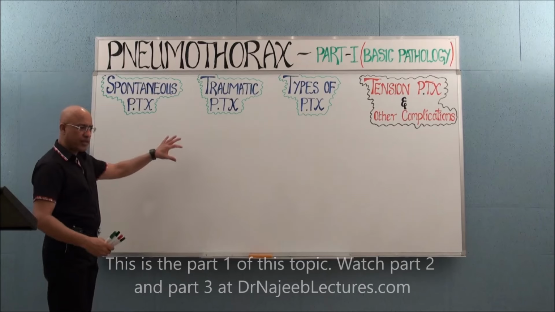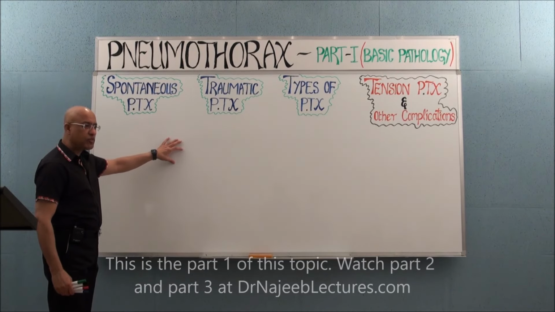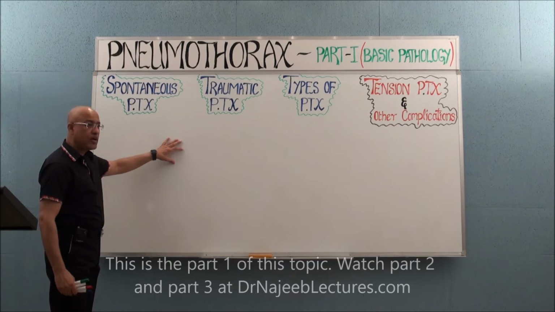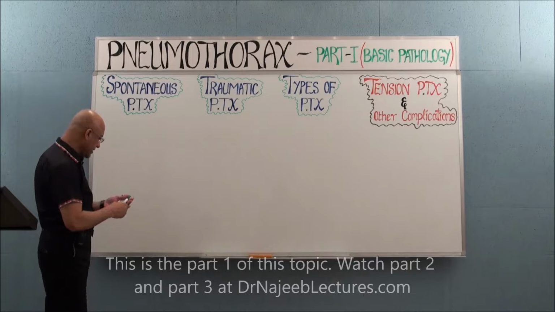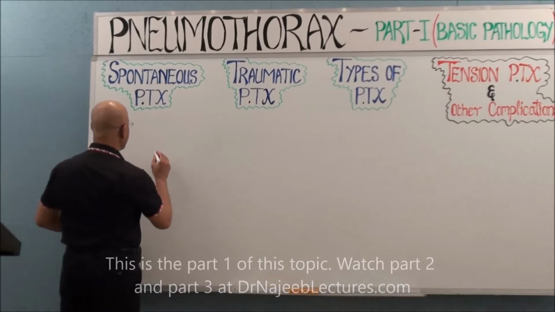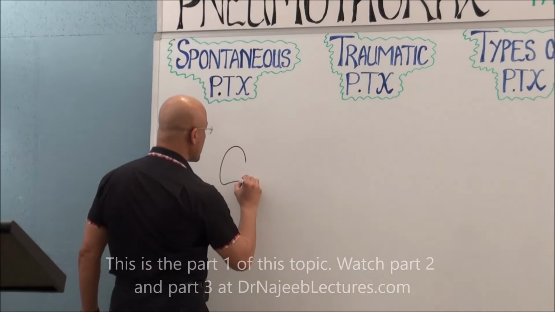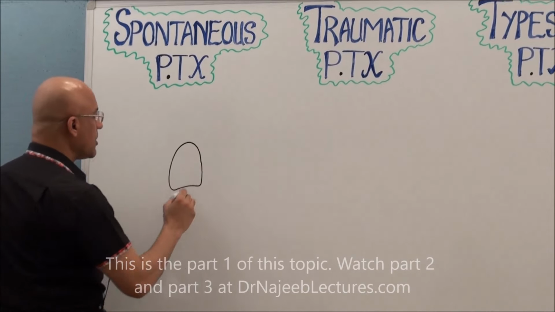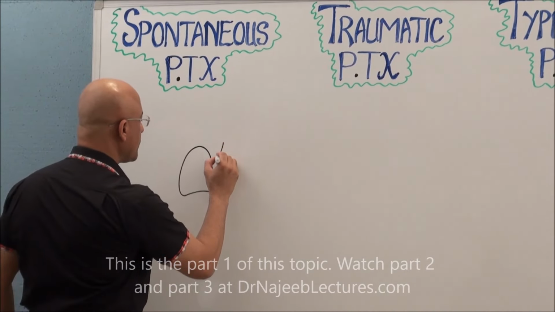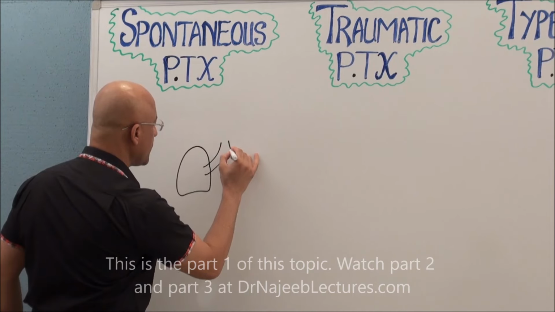Now I'm going to explain how the presence of air leads to collapse of lung. It means how pneumothorax can lead to part of a lung collapse, or even total collapse in some situations, right? So let's see, here you have your lung, and these are your airways.